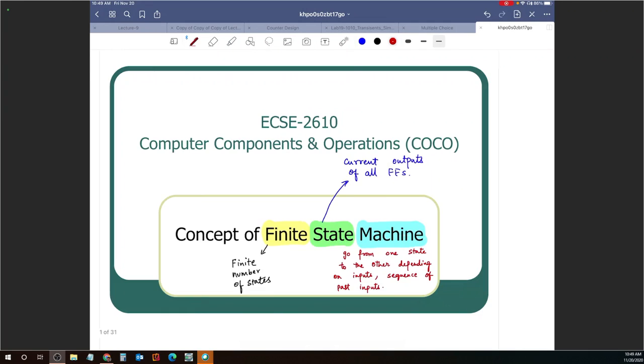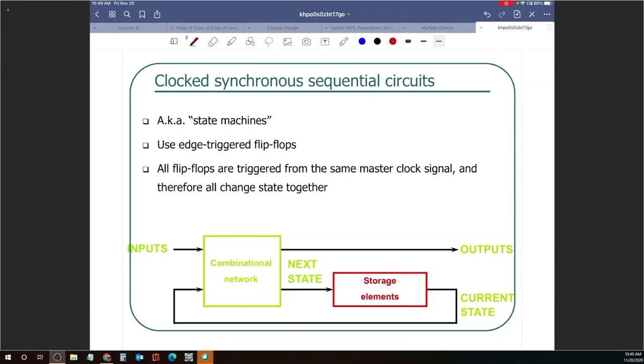Now a little bit of recap in terms of our generalized block diagram for sequential circuits, aka state machines, because all they're doing is going from the current state to the next state, one state to the other. That could depend on inputs, or on the sequence of past inputs, which is already in the current state, which is being fed back.